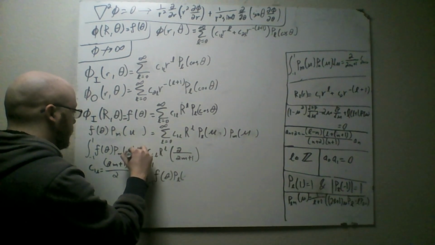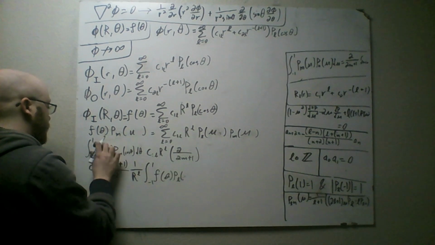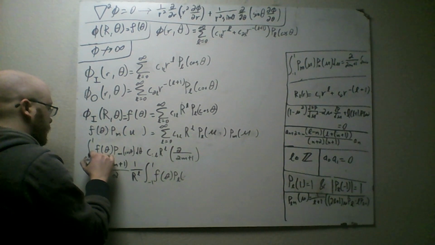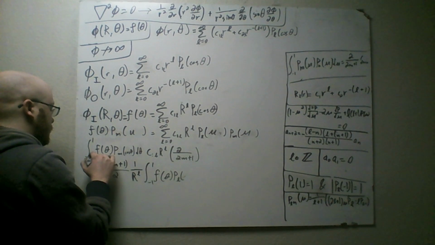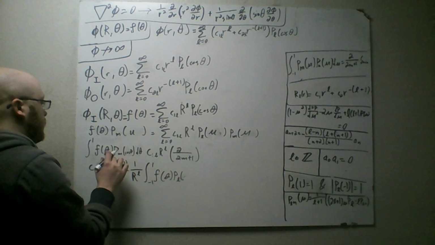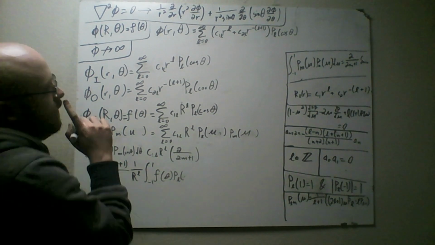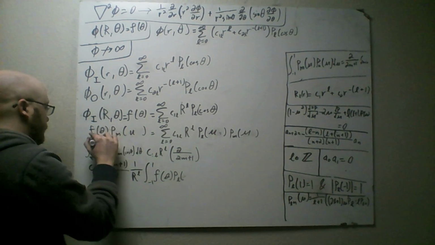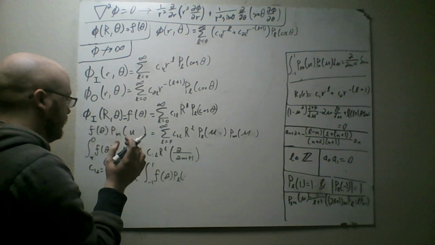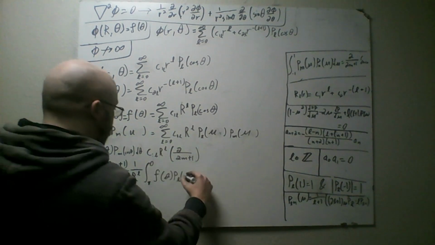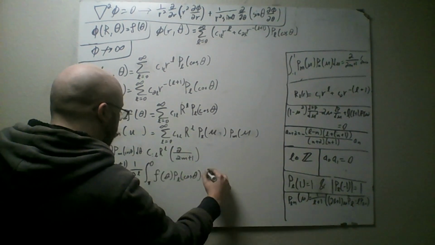Well, I'll just leave the cosine theta in there, and then this becomes the integral from pi to 0 of PL cosine theta. Okay, cool.